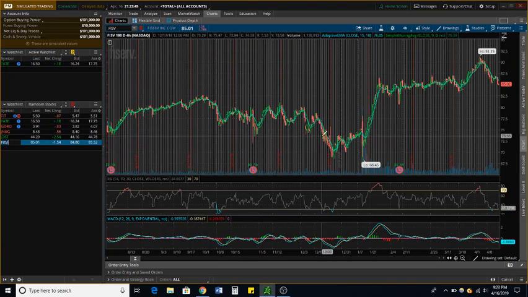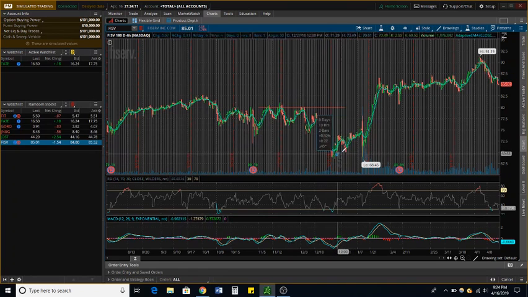So let me look here. Okay, so it had this huge push up, broke its previous resistance.